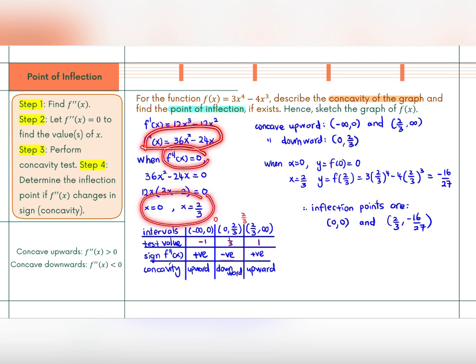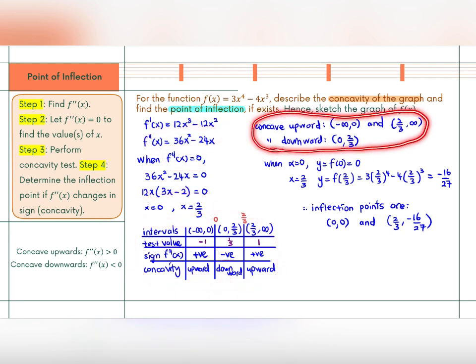Okay, and then the third step is to perform the concavity test to identify whether there are changes upward, downward and so on. Then after the concavity test, we write our answer, our conclusion. So, for this case, it asks us to describe the concavity and then list the points of inflection. Okay, so that settles the points of inflection.